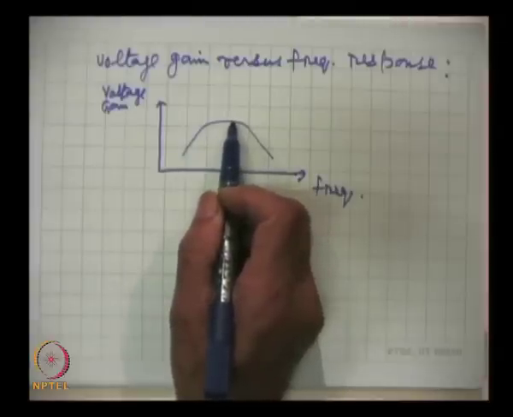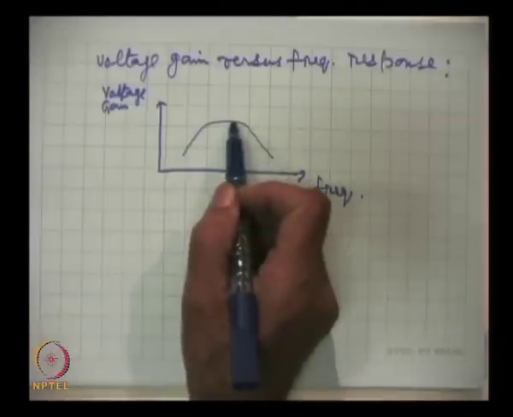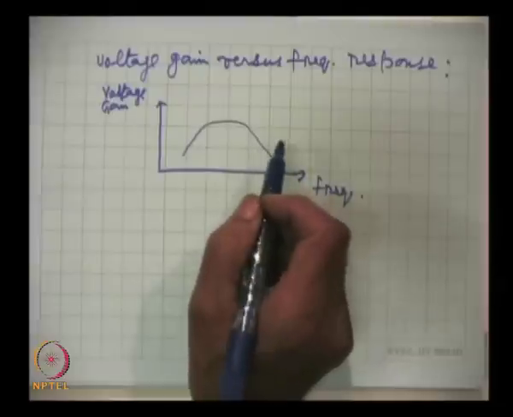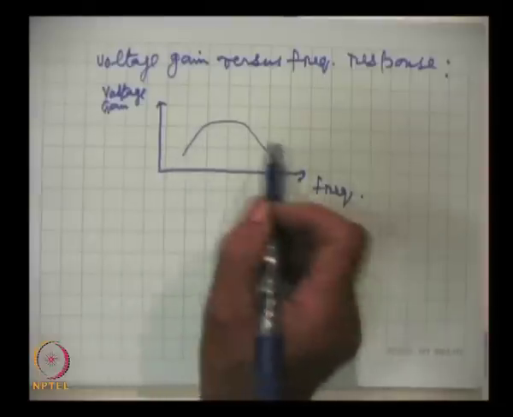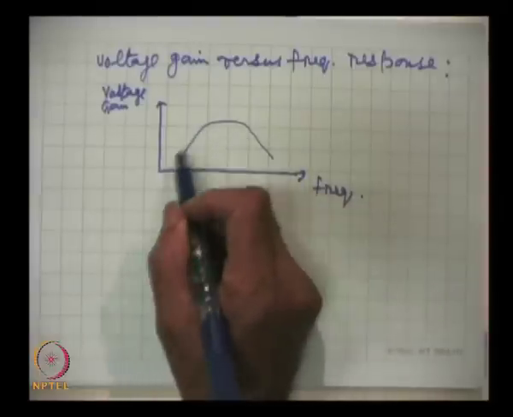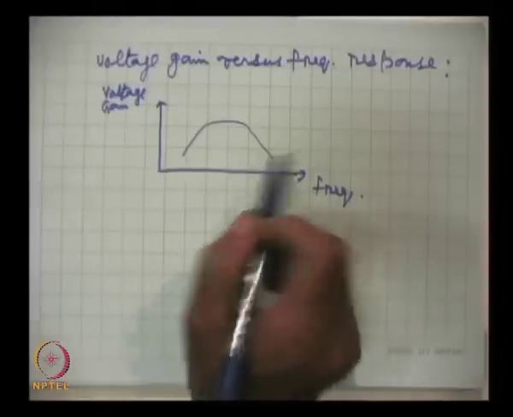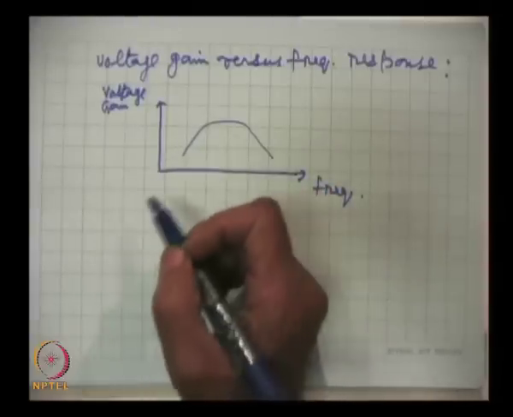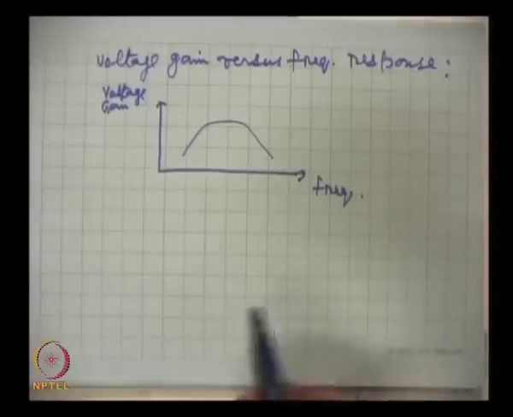The gain remains constant as we change the frequency, and then again the gain falls. We will discuss at length the reasons for the fall of gain with frequency, but the few points we are currently assuming will be clear very soon.